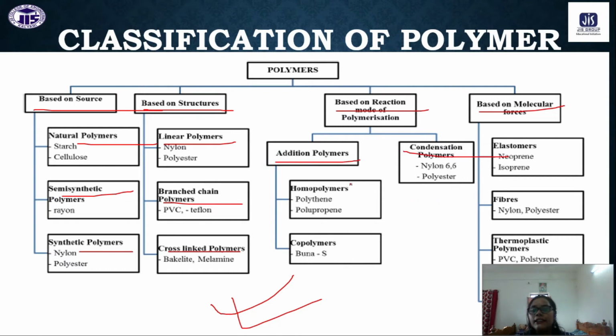Based on the monomers there are two classifications: homopolymers and copolymers. Next, based on molecular forces we have elastomers and fibers, and also thermoplastic and thermosetting polymers, which is the classification based on the thermal responses.